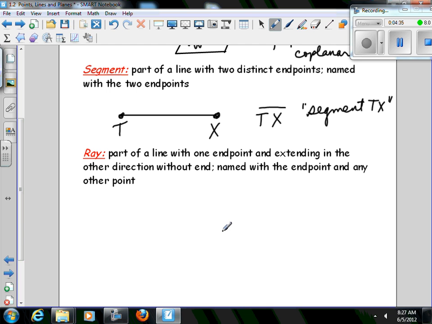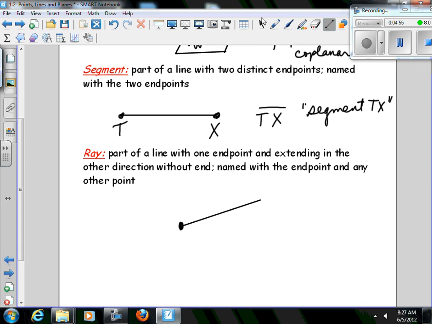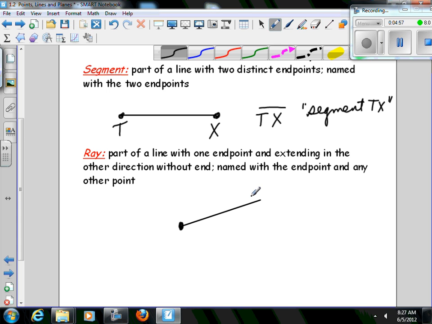Next, a ray is part of a line with 1 endpoint and extending in the other direction without end. It's named with the endpoint and any other point. So we start with an endpoint, and then we draw a line that goes on and on forever from that point. We name it with the endpoint.